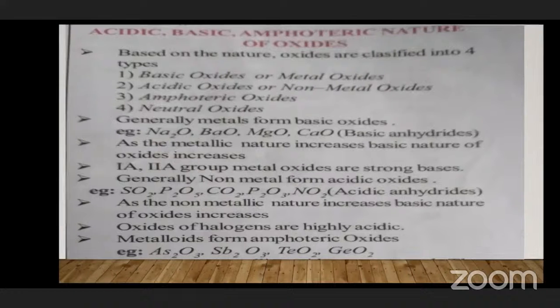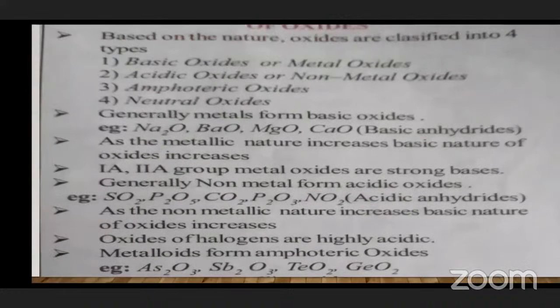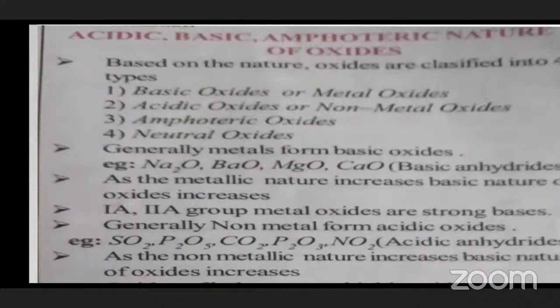Once you observe, basic nature oxides, for example sodium oxide. If you treat these basic oxides with water, that means they dissolve in water, like sodium oxide, barium oxide, magnesium oxide, calcium oxide. When they dissolve in water, they form bases.